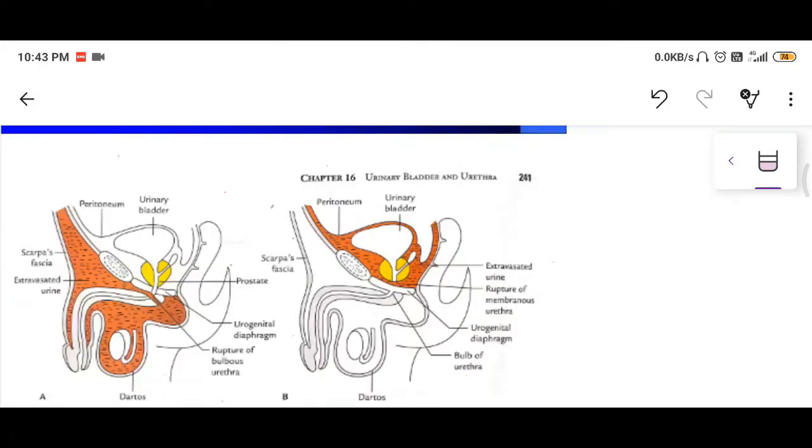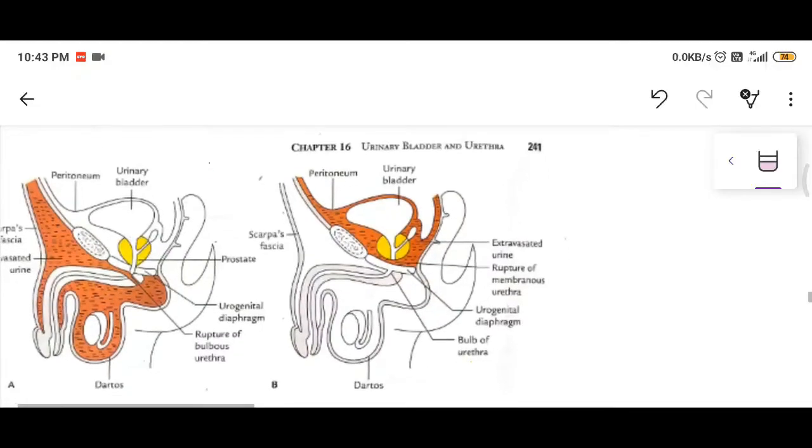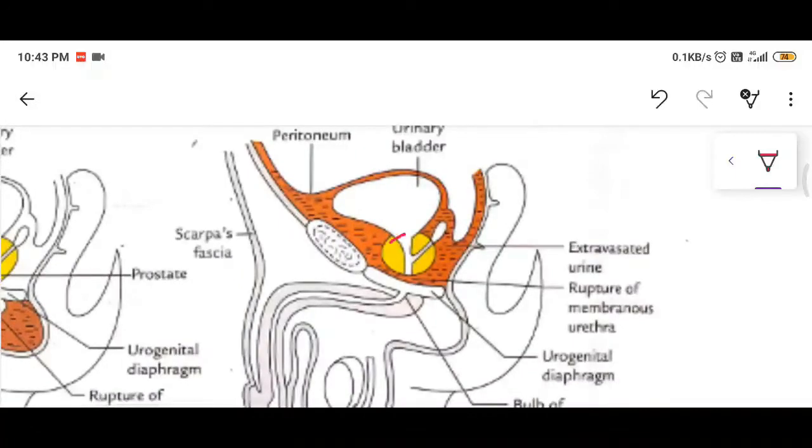Before going deep into the perineal pouches, I want to explain this picture and show you from the side view how this pouch actually looks. Guys, this is the prostate gland. Below the prostate gland you will have your pelvic diaphragm, which is the muscular structure.